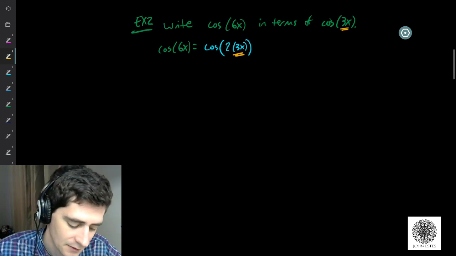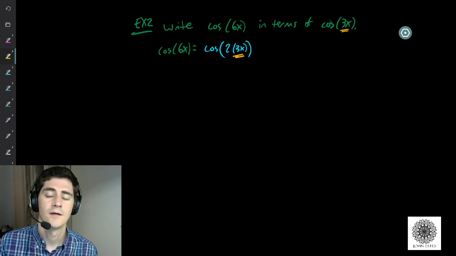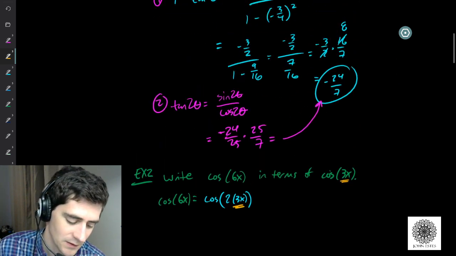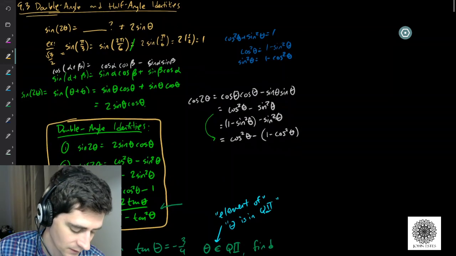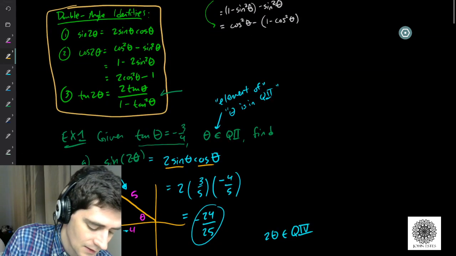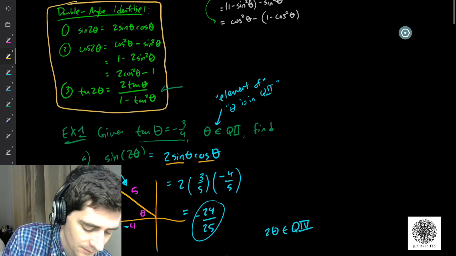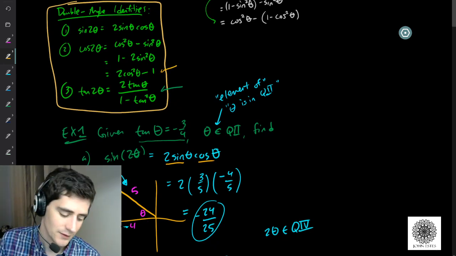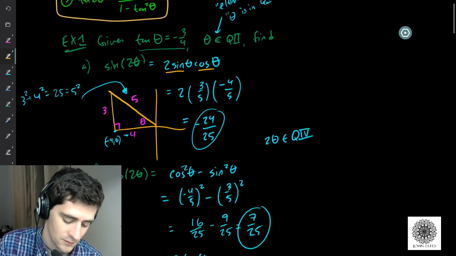Now, can I write cosine 2 theta simply in terms of cosine theta? Yes, we can. If you want to go back and look at our list, because we had 3 for cosine 2 theta. Notice cosine 2 theta is the same thing as 2 cosine squared minus 1. I think that's the one we're going to want to use.